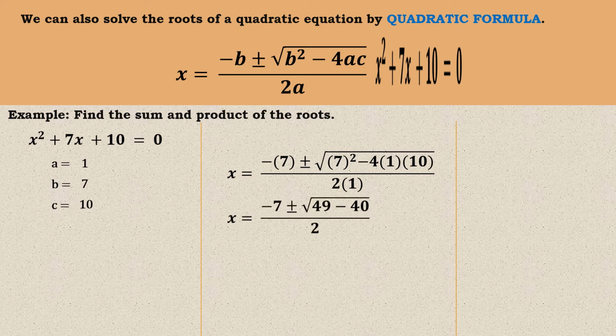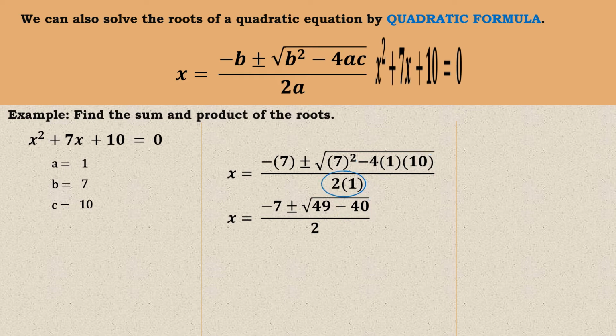After substituting, remember this: b is 7, so we have negative 7. Then we have 7 squared, because our b is 7, so that is 49. And we also have negative 4 times 1 times 10, that is negative 40.